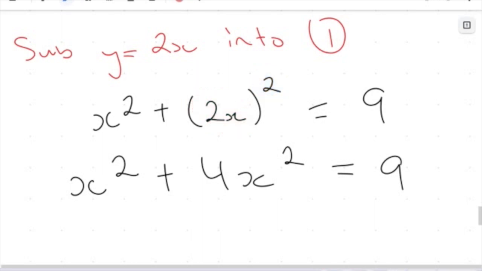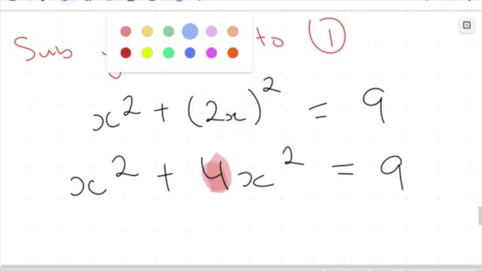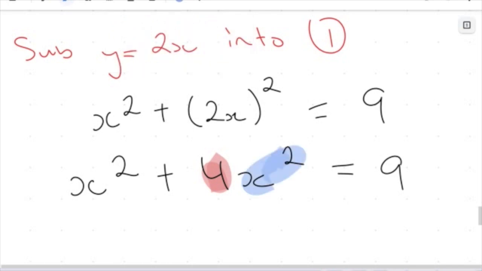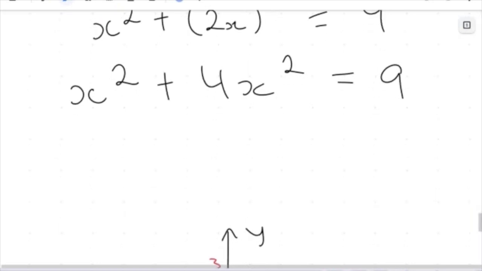Squaring 2 gives me 4, squaring x gives me x squared. So it works in both ways here. Now we want to solve this particular equation. And I can see here that I have an x squared here and an x squared here. So these guys here, now remember, if I have just x squared on its own, it's implied that this is one lot of x squared.